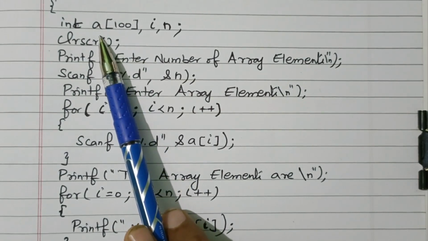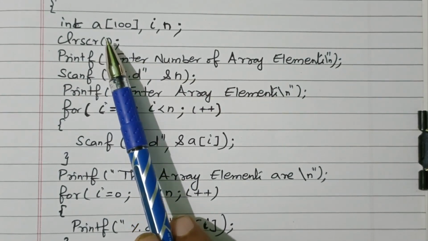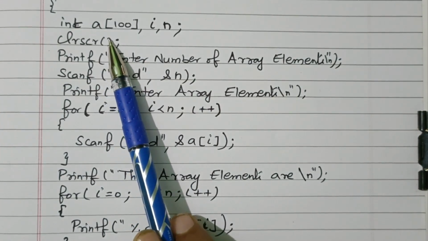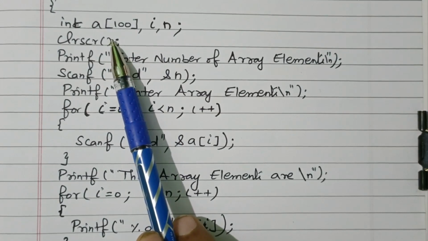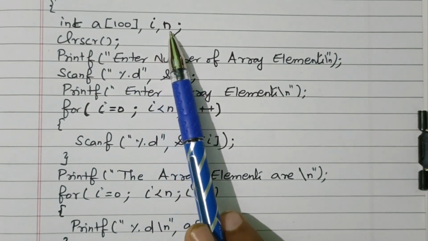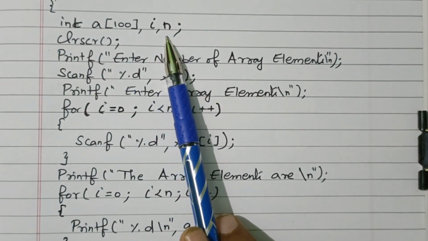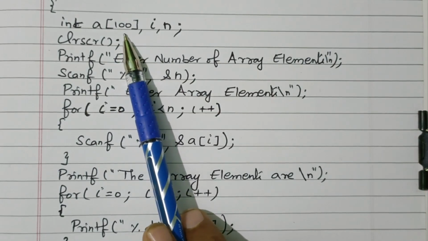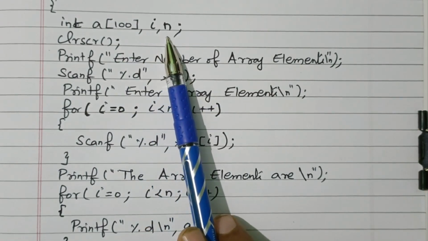Array element is A. In order to go for looping, to get the data or display the data, we need a for loop, because to display 5 elements we need a for loop. For that we are using the variable I. This n is nothing but how many elements we are going to use. This is the maximum number of elements in the array. This is how many elements we need.